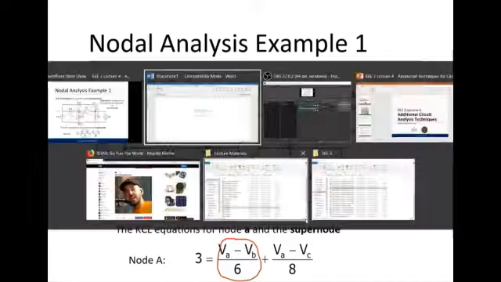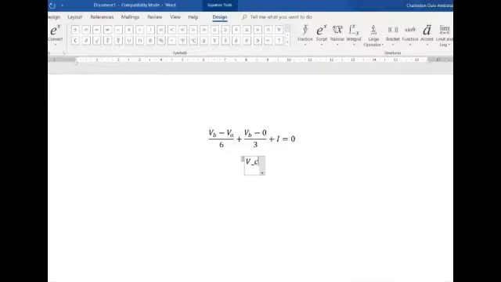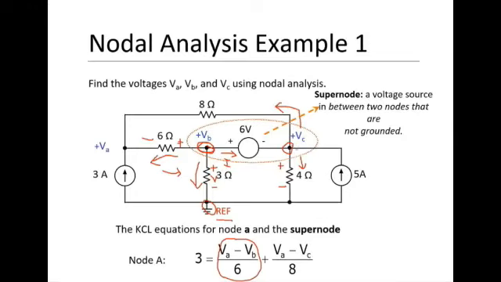So it's just Vc over 4. Sorry, that should be small c. And this is Vc minus Va over 8.